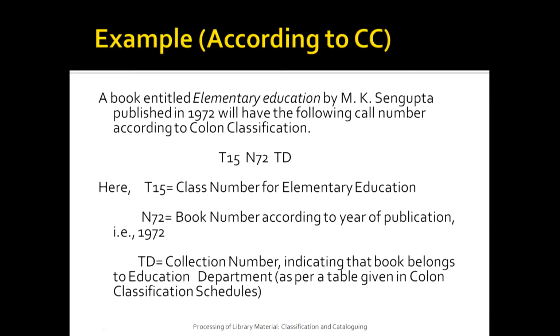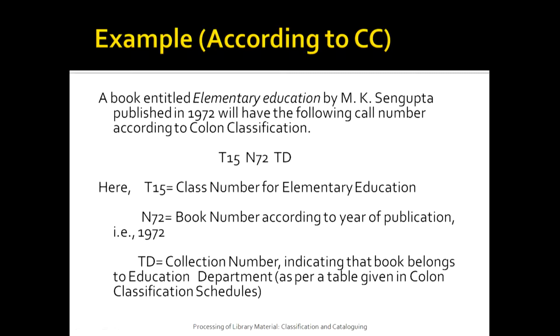Here T15 is class number for elementary education, N72 is book number according to year of publication, that is 1972, and TD, this is collection number indicating that the book belongs to education department.